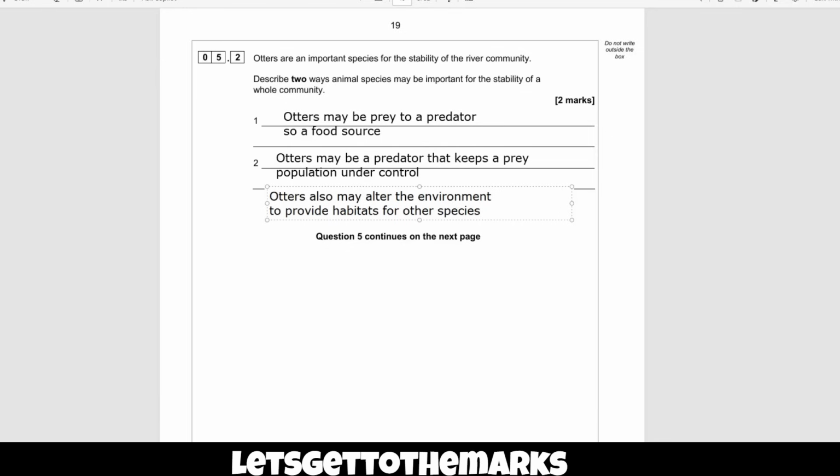My knowledge of zoology is poor. But yeah, the otter's waste, their feces, may provide minerals for plant growth. So there's all sorts of ways that they could support the stability of the river community.